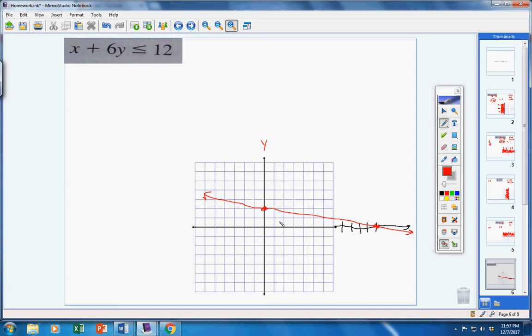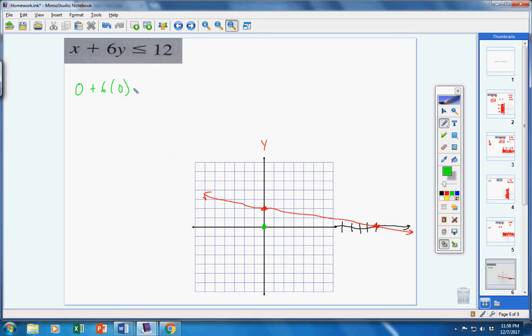So my favorite point to test is 0, 0. Now, listen carefully. If the line passed through 0, 0, you cannot use that point. But since the line does not pass through 0, 0, we can use that point. So where x is, I put a 0.